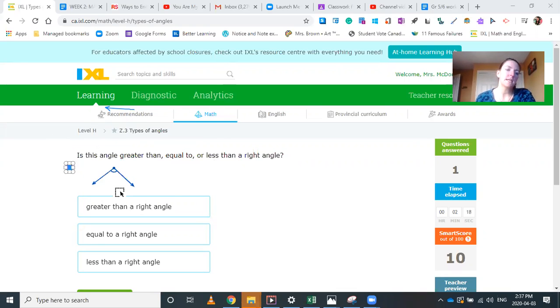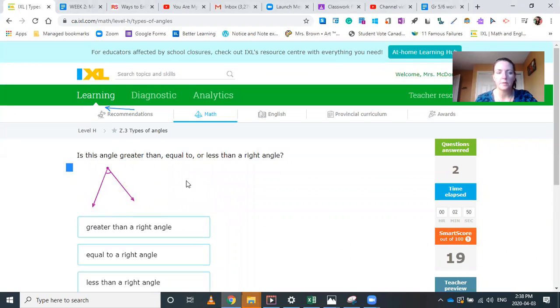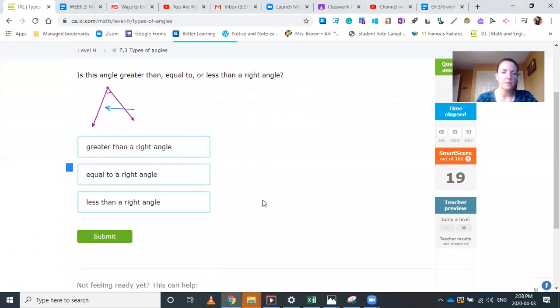But what you can see is, looking at the line, it actually looks like you could fit a little box in there, but if you look at the little picture of the angle, you can see that it is not a square. All right, so I'm doing this manually. I've put my page on one line and I can see that it's actually slightly bigger than a right angle. So we're going to say that is greater than a right angle. And I am correct. In this angle, is it greater than, equal to, or less than a right angle?